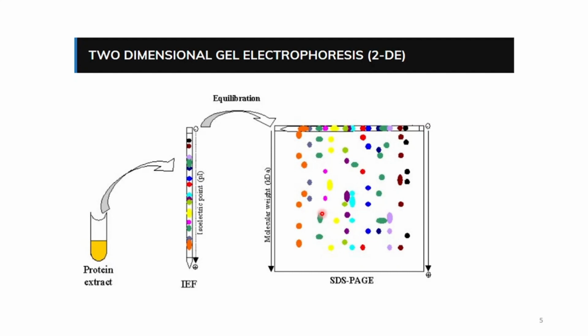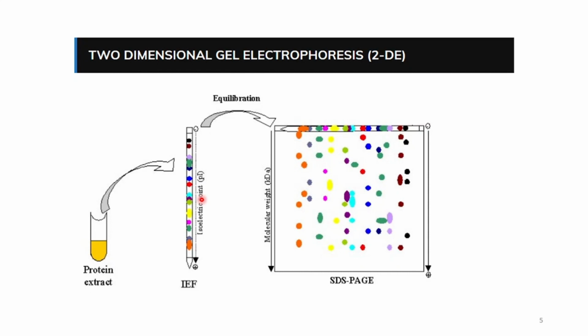Thus, thousands of proteins can be separated, and the information about the isoelectric focusing and the molecular weights can be obtained. So there are several steps for successful 2D analysis. So as we know, the isoelectric point is that pH at which the protein does not have any charge.